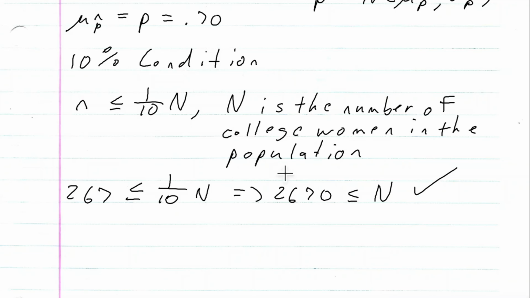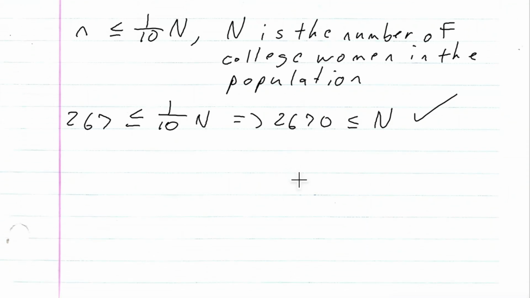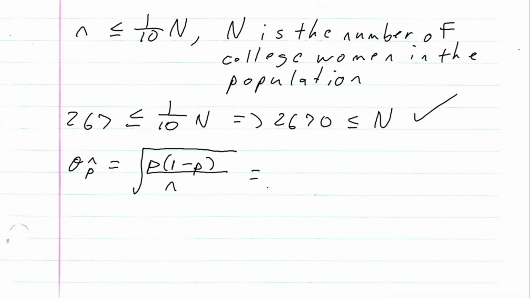So this condition is satisfied. So we can actually calculate the standard deviation of p hat, which is just the square root of p times 1 minus p over the sample size.